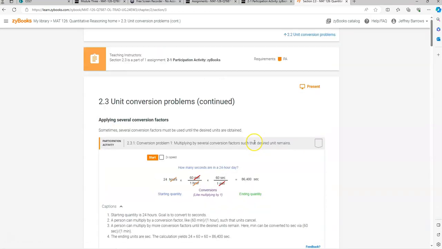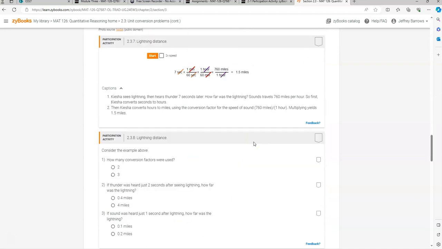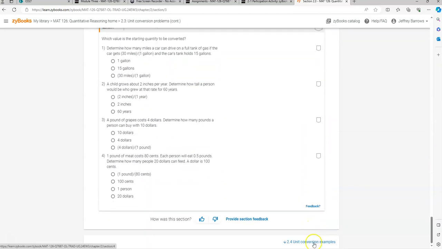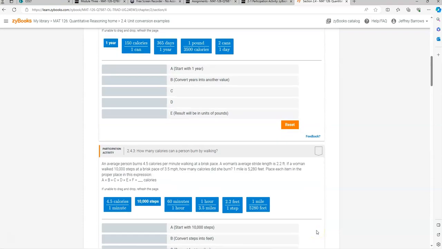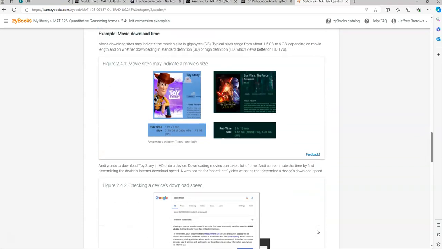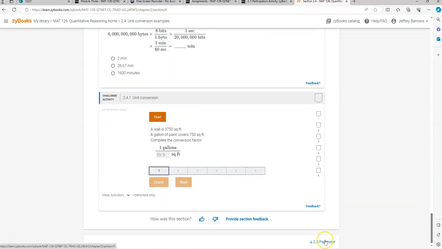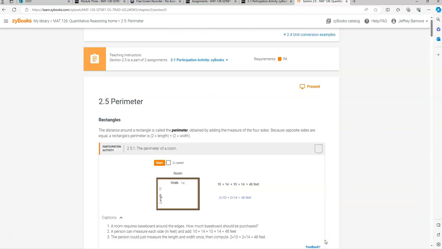Let me make sure, just scrolling through this, that we get to, oh boy, all kinds of unit analysis and conversions going on here this week. Yes. Around section 2.5, and like I said, your quiz this week will be heavily geared towards geometry.